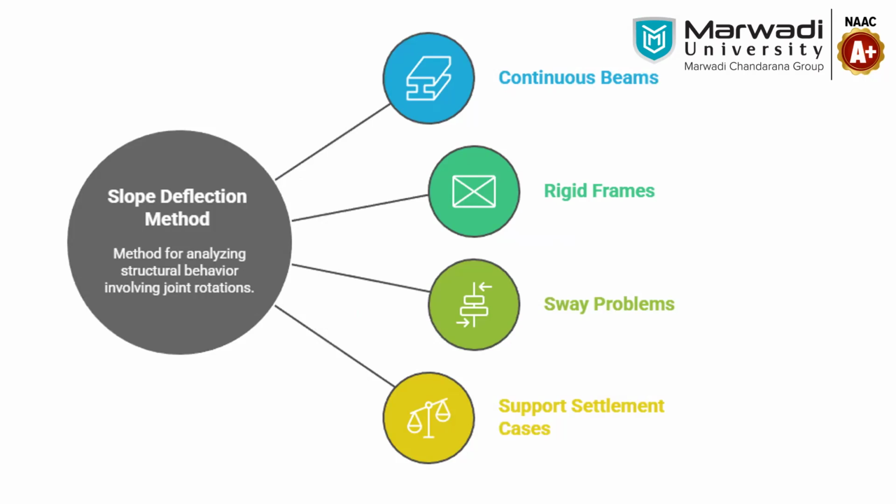As of now, we have not discussed sway in the case of frames, but later on we will discuss the sway problem and how to apply the slope deflection method to it. So this is one of the basic fundamental methods like the moment distribution method, and it gives a strong foundation for the upcoming method of our topic, that is the stiffness method. So let's start with the practice example of the slope deflection method.